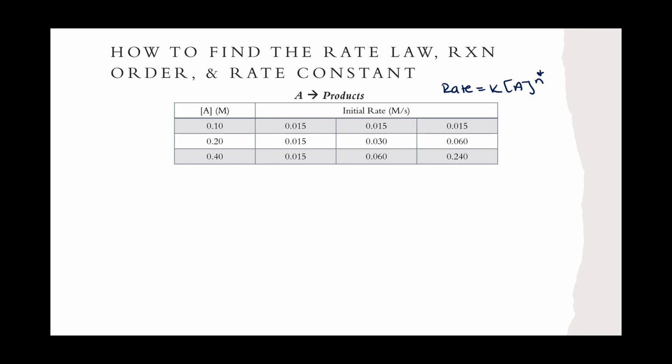Usually we would do this if we're unsure about how the initial rate is changing with the initial reactant concentration, or if the numbers aren't as clear. They're pretty clear here, but if they were a little messier, we can substitute any two initial concentrations and their corresponding rates into a ratio of the rate laws to determine the reaction order.